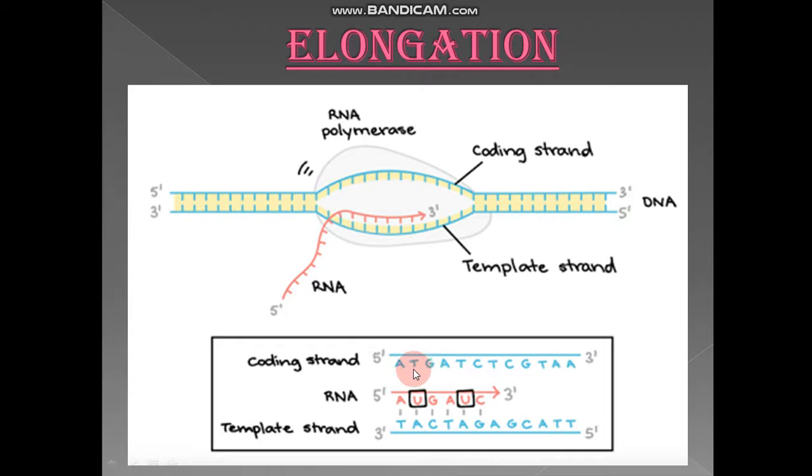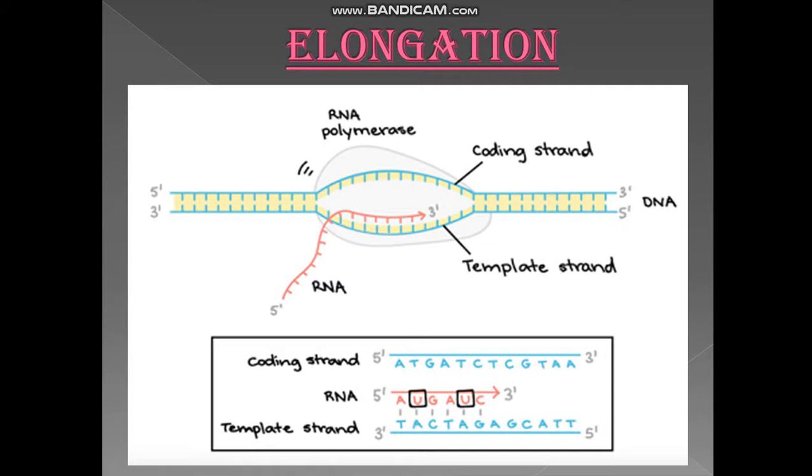I told you, instead of thymine, what will be present in RNA? Uracil. So this is the complementary base pairing of the template strand, and the template strand is complementary base paired with the messenger RNA, but the messenger RNA is the exact copy of the coding strand or the sense strand. That is what I was telling you in the previous diagram of sense and antisense strand.